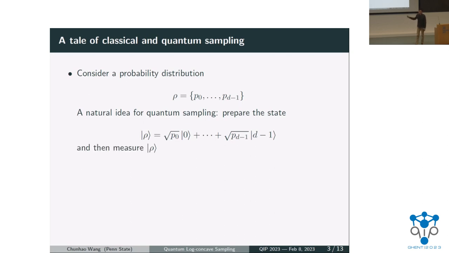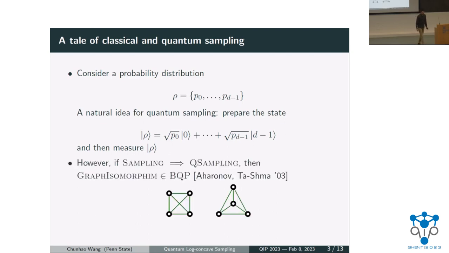Then if we measure it, it's equivalent to sampling from this probability distribution. So a critical question to ask is how efficiently we can prepare this state. Another question is, for any classically efficiently sampleable distribution, can we always efficiently prepare the state?